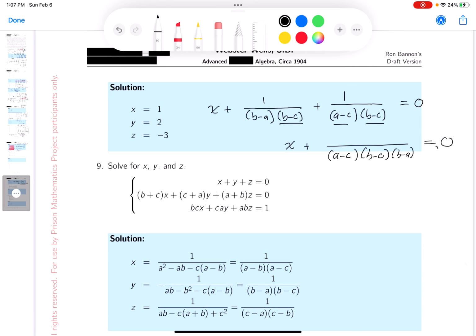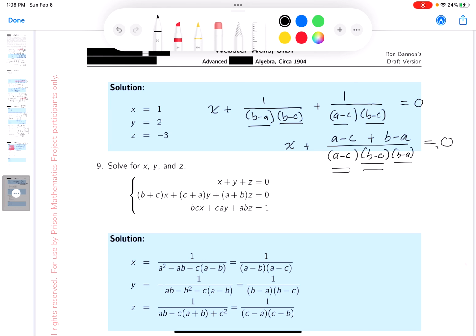Okay, let's see if we can do it. So it's trouble, but I got to write it down, don't I? And so I got the b minus a. I got the b minus c, but I don't have an a minus c, so I have to build it. That's going to be an a minus c. Plus, well, I have the a minus c and the b minus c, but I don't have the b minus a.